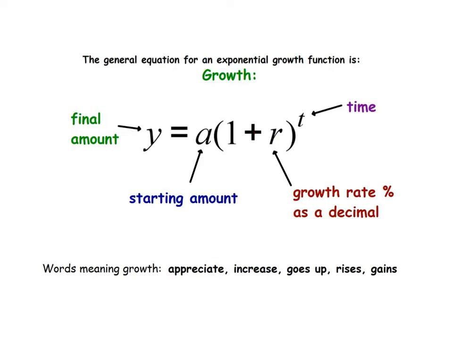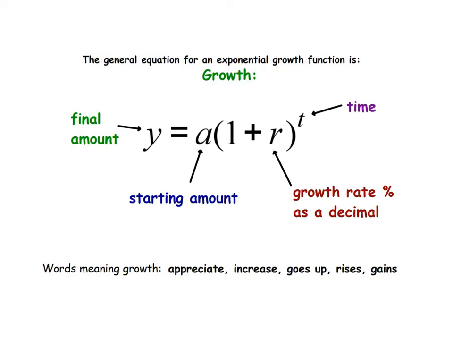Now this r is the growth rate, that percent changed to a decimal. Be careful, this r is not the same r as we've been learning in geometric sequences, a common ratio. We're using the r kind of similarly here, but they mean totally different things. In this case, this is the percent.